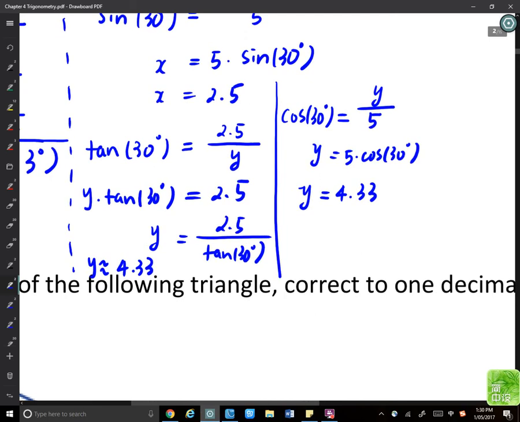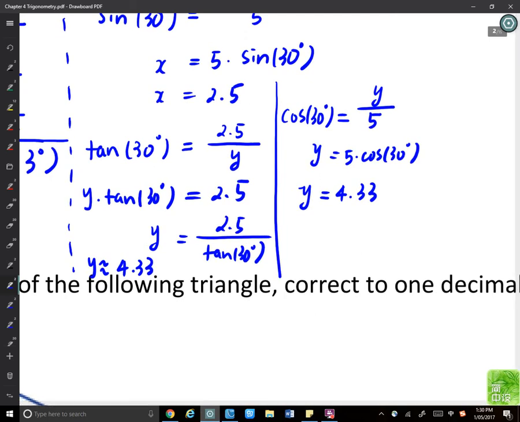But comparing those two methods, which one do you think is better? Cos is better, not only because cos is easy to calculate, but there's another reason. With tangent, you need the answer for x. If you make a mistake for x, you will have a wrong answer for y as well.